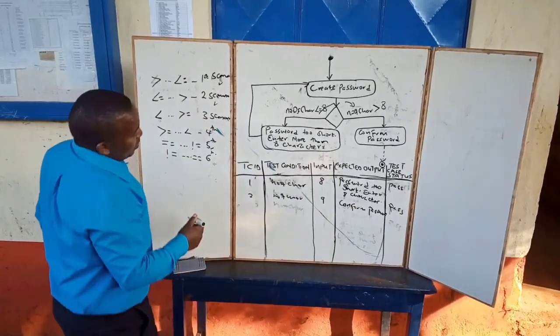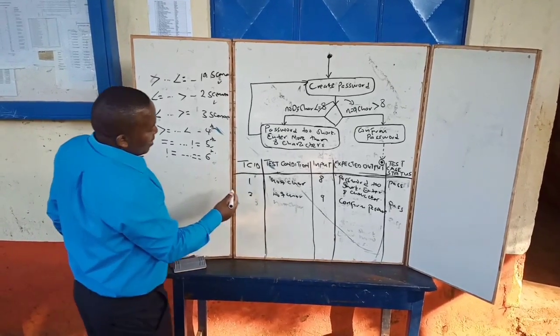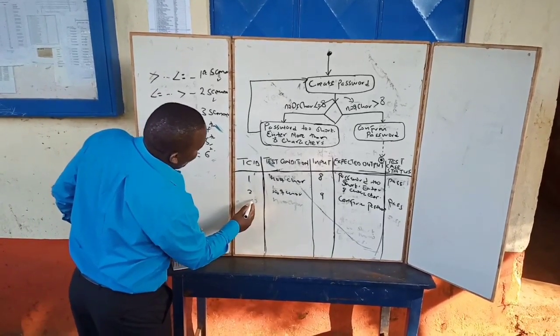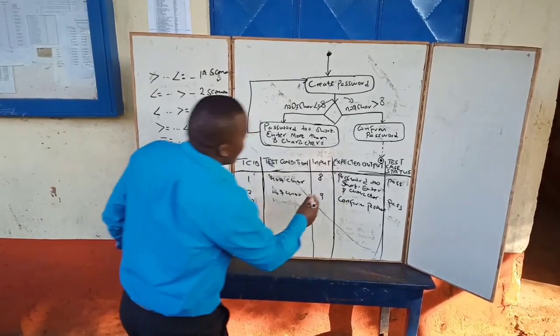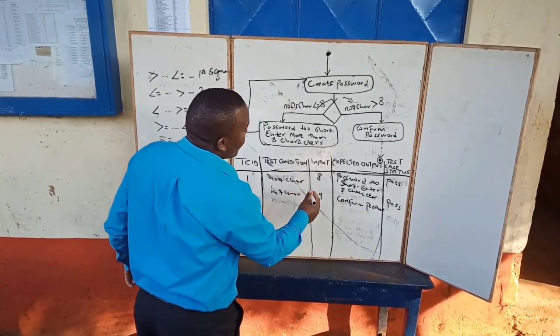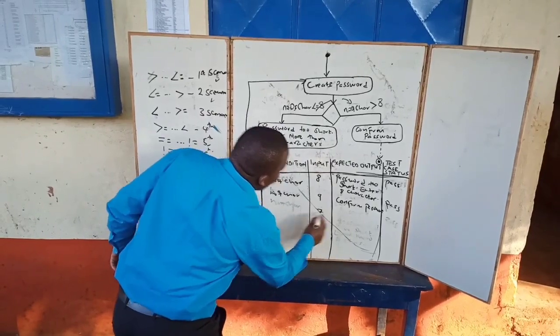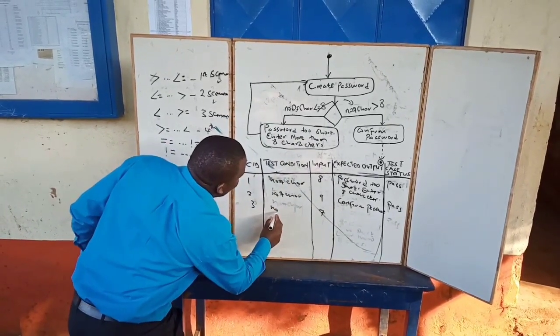Then the algorithm continues and increments test case ID by 1, that is make it 3, and input value is decremented by 1, that is 7, and number of chars is assigned to the test condition.